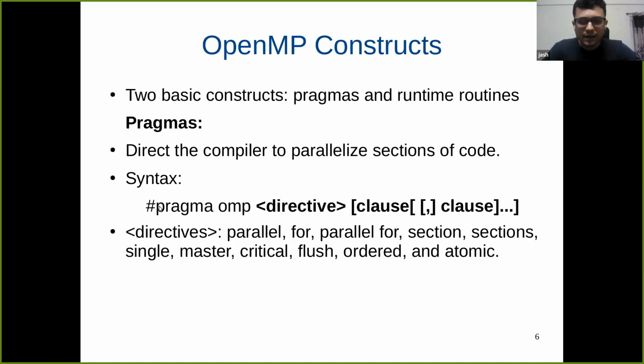So let us say #pragma omp parallel instructs the OpenMP part of the compiler that you have to handle the structured block of code that is coming next in a particular way. We'll see this later also. That is the function of the directive.